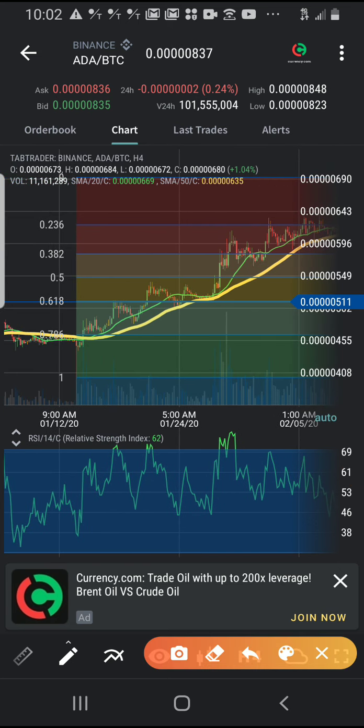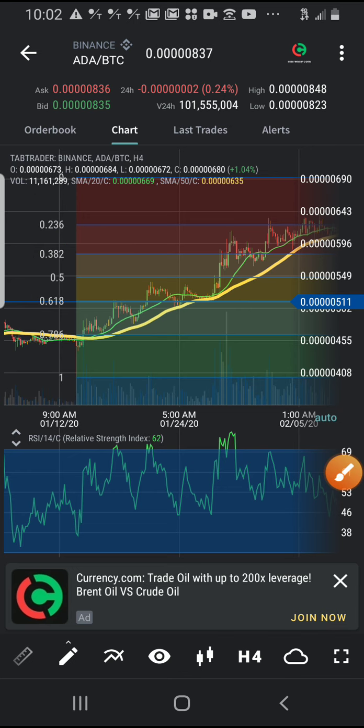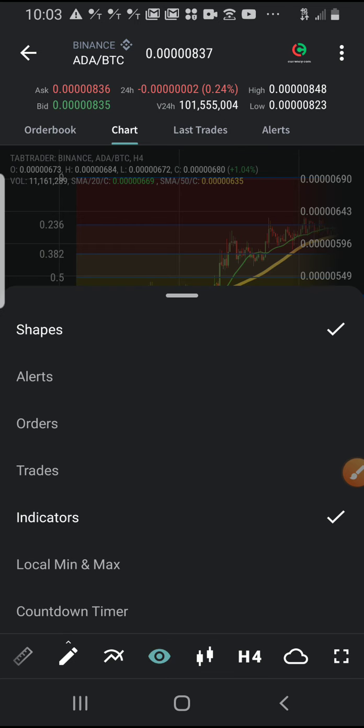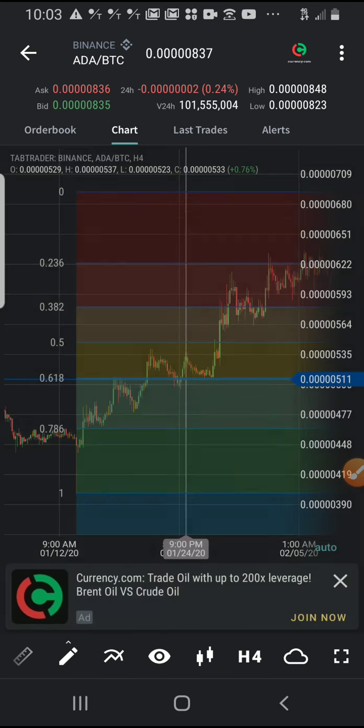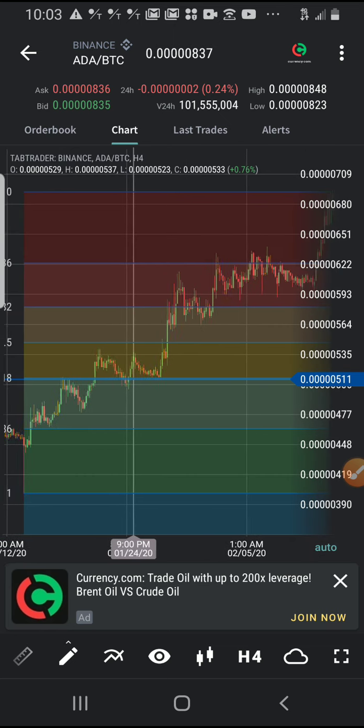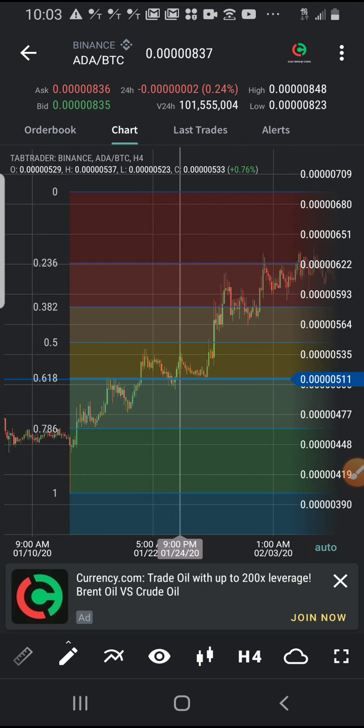Now let's look at this place. If we see this side, we'll notice some numbers here. We have 0, we have 1, and the chart is clear right now. So we have 1, we have 0.786, we have 0.618, we have 0.5, and so on.